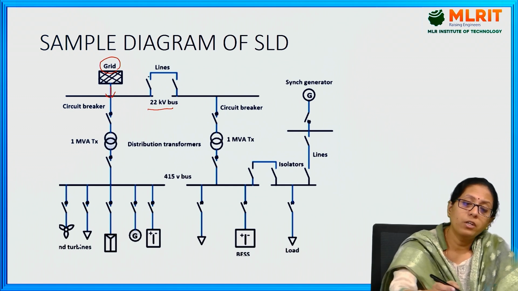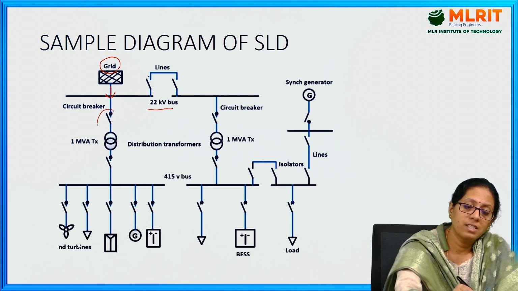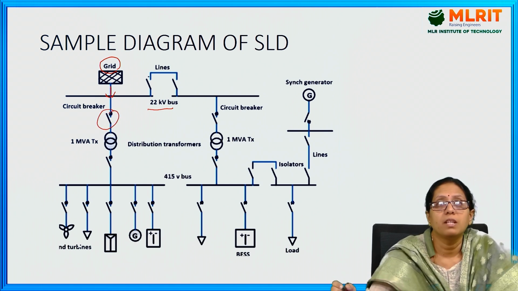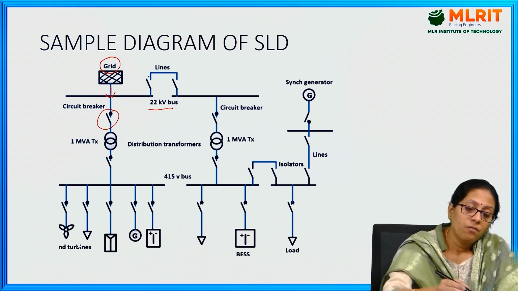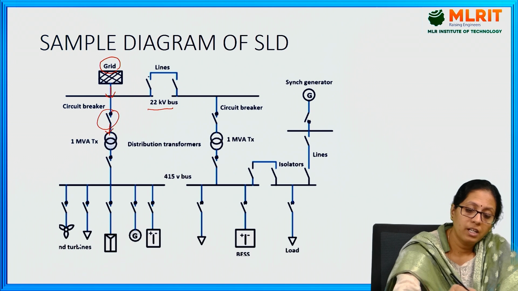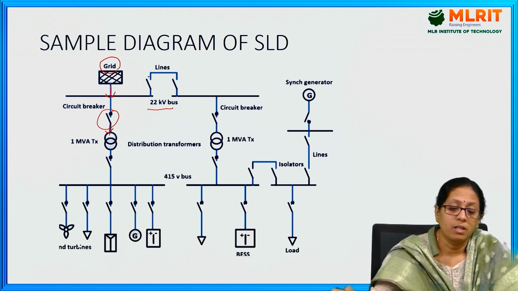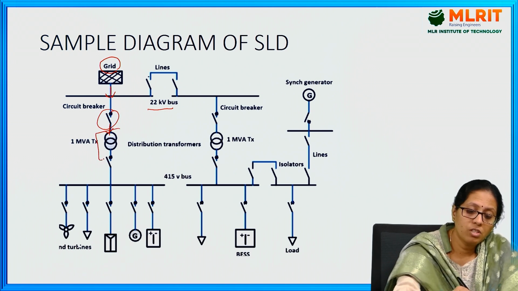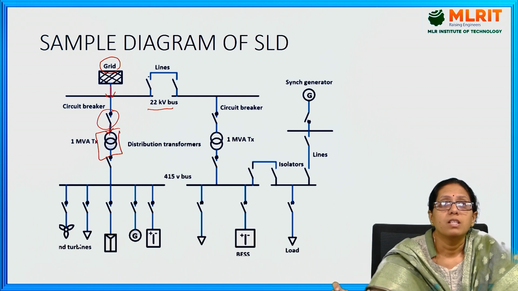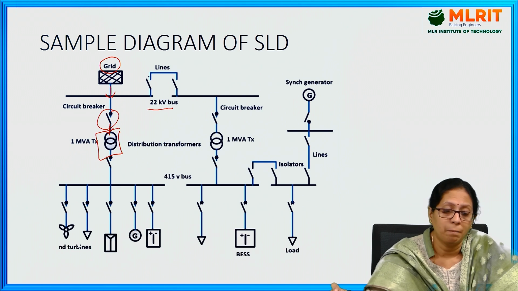To this 22 kilovolts bus bar, a circuit breaker is connected, and from this circuit breaker you can see the transformer. This is a distribution transformer and its rating is 1 MVA. MVA means mega volt ampere.